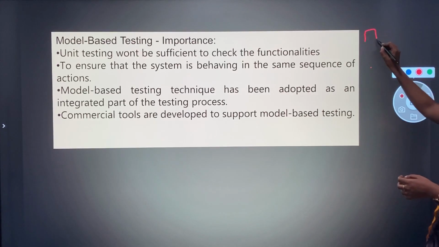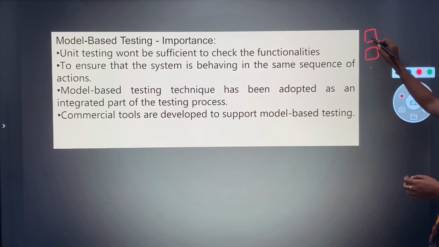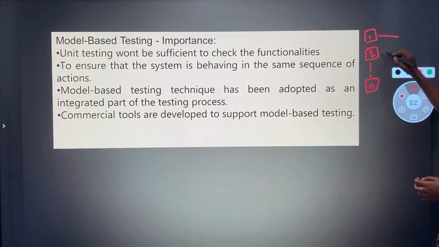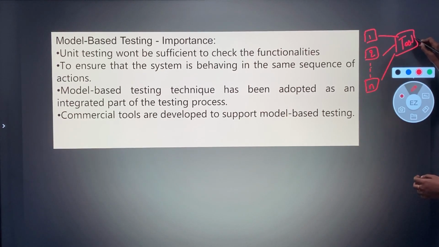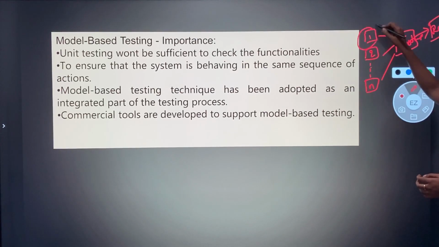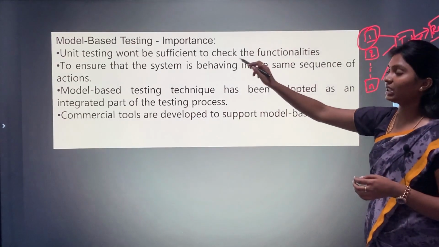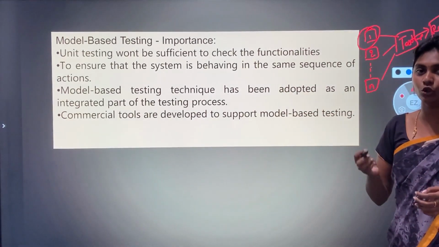In unit testing, a single module, one module, second module, until n modules, all these modules will be tested in one phase to form a result. So unit testing is independently dividing, one unit at a time, sufficient to check the functionalities of testing.